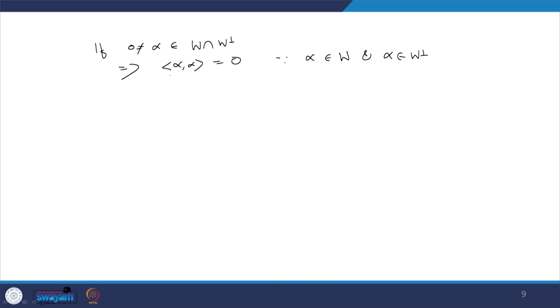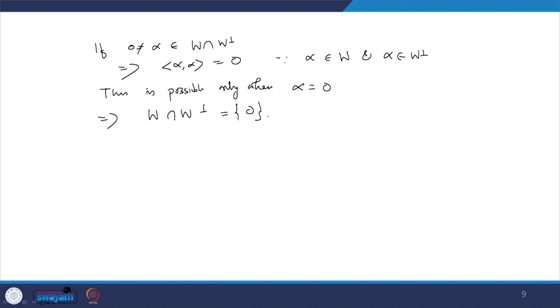So, this implies inner product of alpha and alpha equal to 0. This is possible only when alpha equal to 0. So, this implies that W intersection W complement equals the 0 subspace.